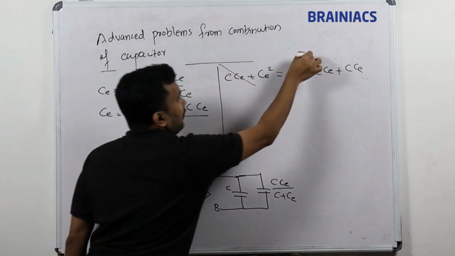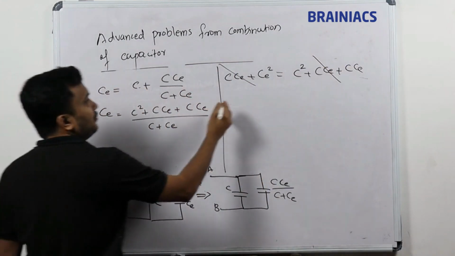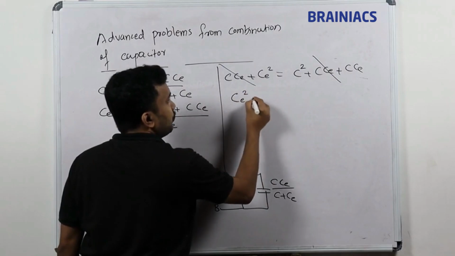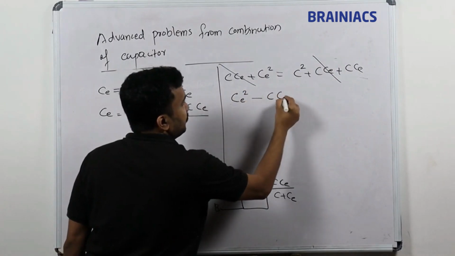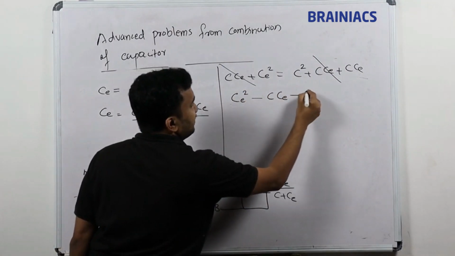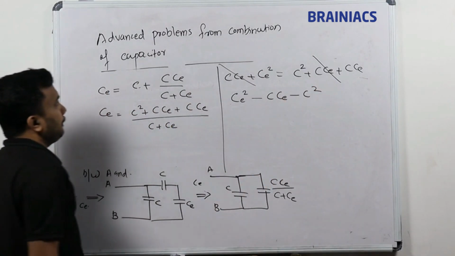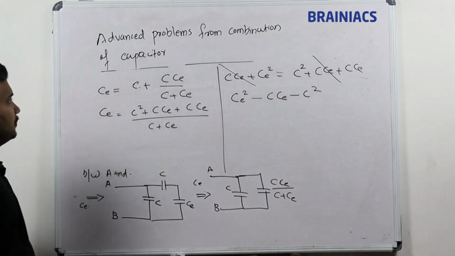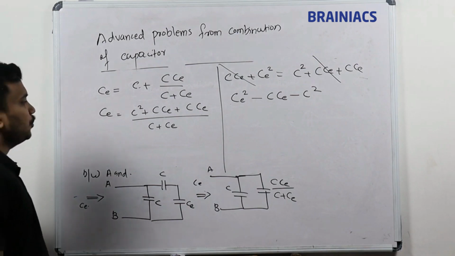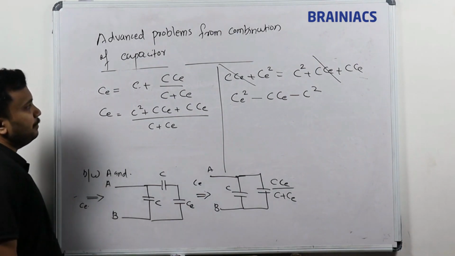One C into C equivalent gets cancelled. Everything taken to the left hand side, it becomes C equivalent square minus C into C equivalent minus C square.